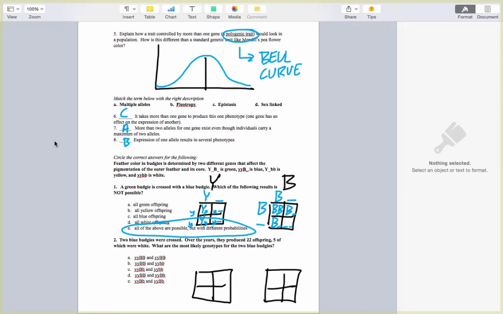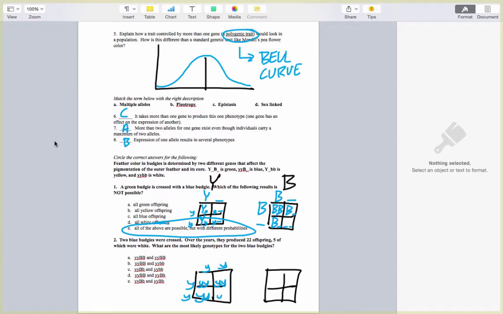I'm going to do my Y genes over here. 2 blue budgies were crossed. So if I'm a blue budgie, I have to go up here and figure out what blue is. It's homozygous recessive for the Y. So I've got little y, crossed with another blue budgie who is also little y. That means I'm going to get all little y's everywhere.